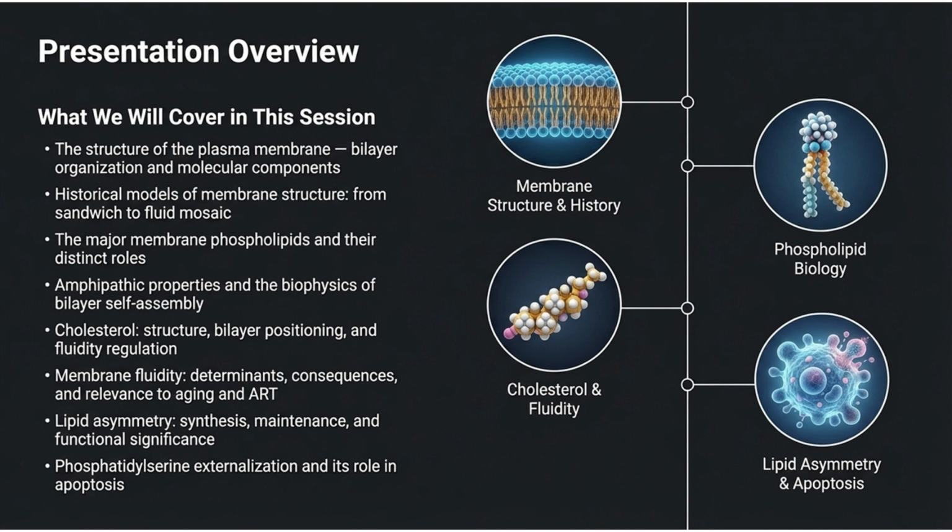Let us take a moment to map the terrain of this session so you know exactly where we are heading. We begin with the architecture of the plasma membrane itself, how the phospholipid bilayer is organized, and what molecular components populate it.